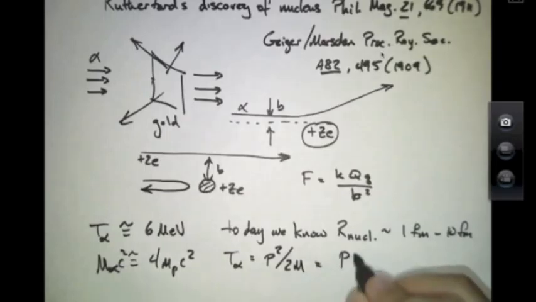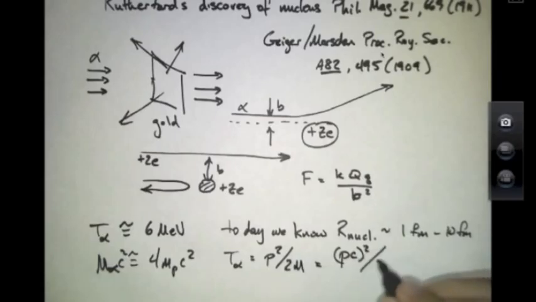I'm going to rewrite this by multiplying and dividing by a factor of c squared.